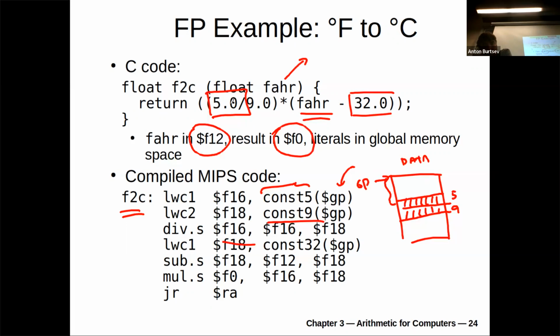Then you do the division, 5 by 9, and place it into register F16. Another difference from integer division. Remember, integer division took 2 arguments and placed the results into 2 registers, high and low. Here it's not done because there is enough hardware capacity to divide 2 registers, and there are no quotients and remainders.